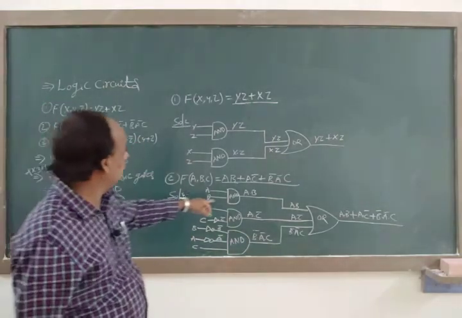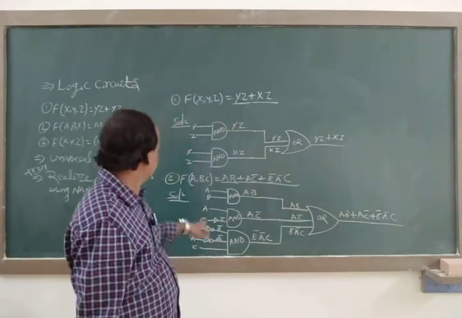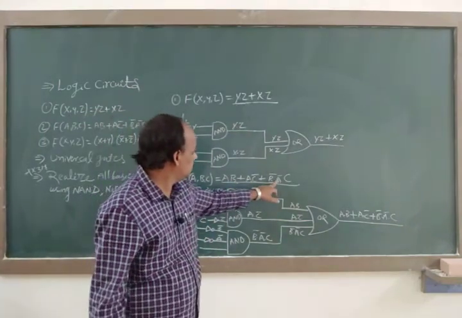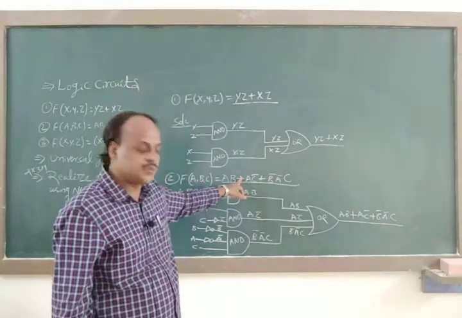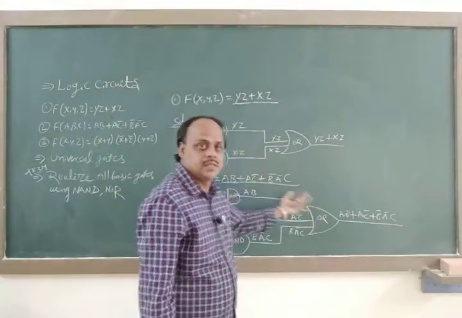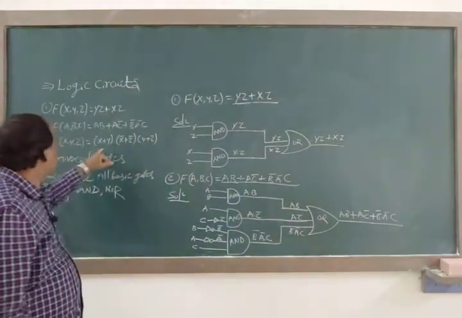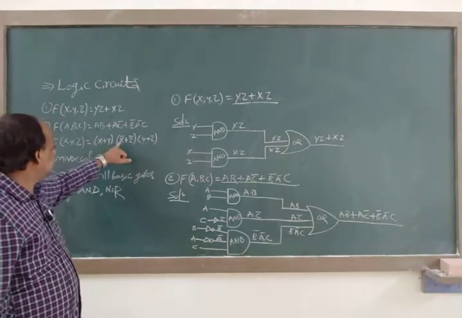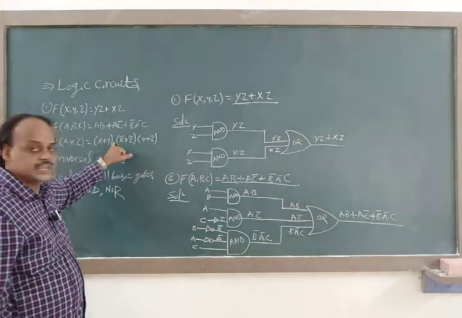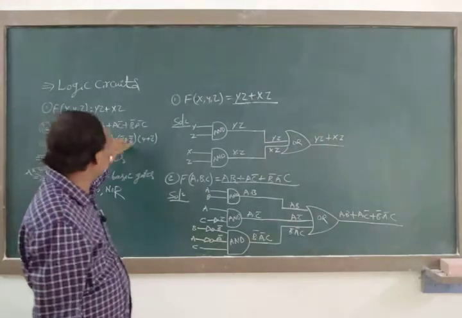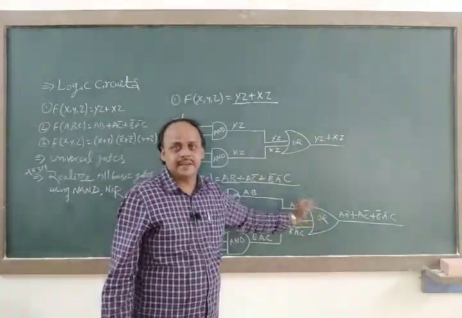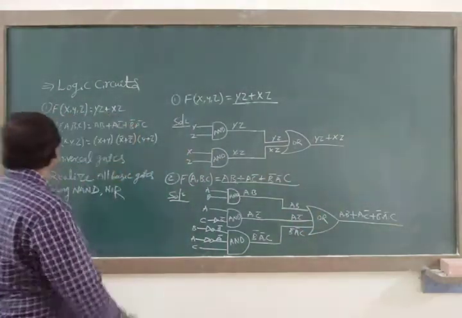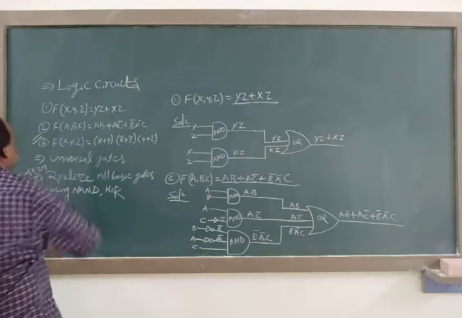Like this, here between all the terms OR operation is there, that's why we used OR gate. In the same manner here for the third one, between each term AND operation is there, therefore we have to take AND gate. So take this as assignment.